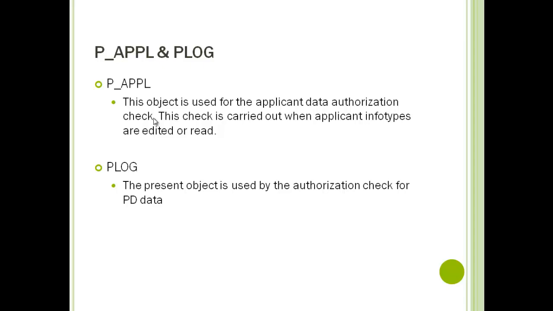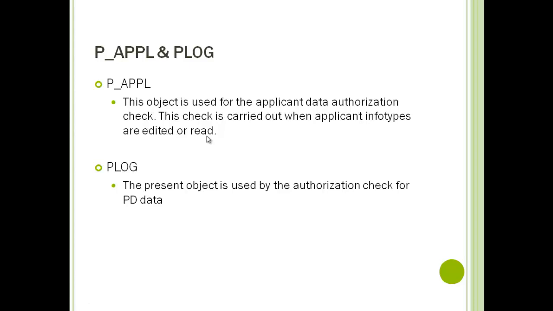The info types ranging from 4000 to 4999 are controlled by this authorization object. So first we have seen P_ORGIN and P_ORGXX for different info types, and info types starting from 4000 to 4999 are controlled by P_APPL.